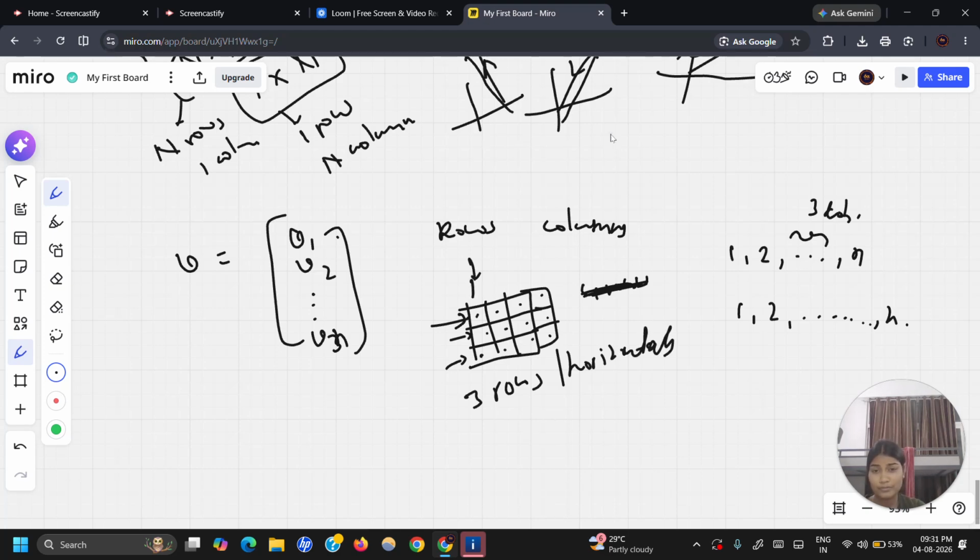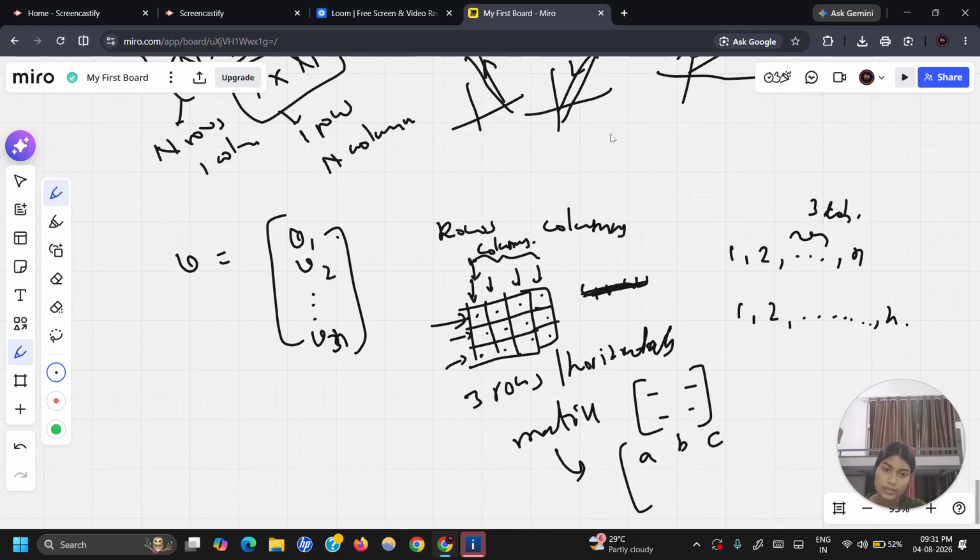So how many verticals? 1, 2, 3. So these are columns. So basically a matrix, which we represent inside a square bracket, we write A, B, C, D, E, F. So these are rows. How many rows? 2 rows.